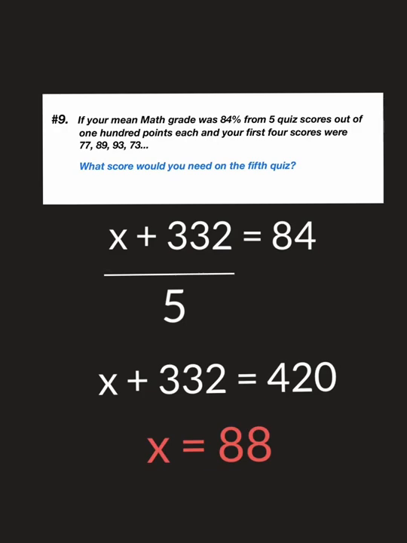Divide it by 5, and if you get 84, you have a winner. If you don't, you don't. So don't submit an answer that's incorrect, because that just tells me, the teacher, you didn't check your work.